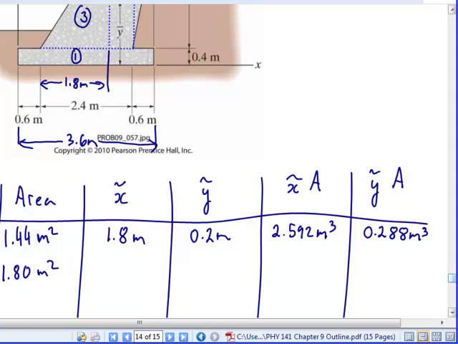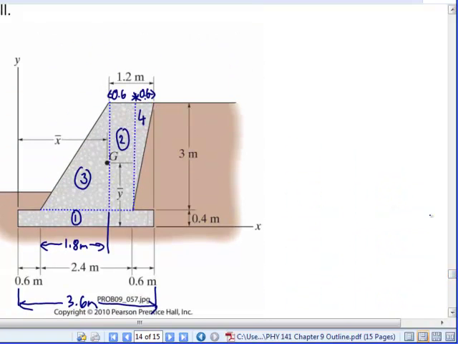Its x tilde, at the start of the rectangle, is going to be at 2.4, 1.8 plus 0.6, and then halfway across it, so another 0.3.